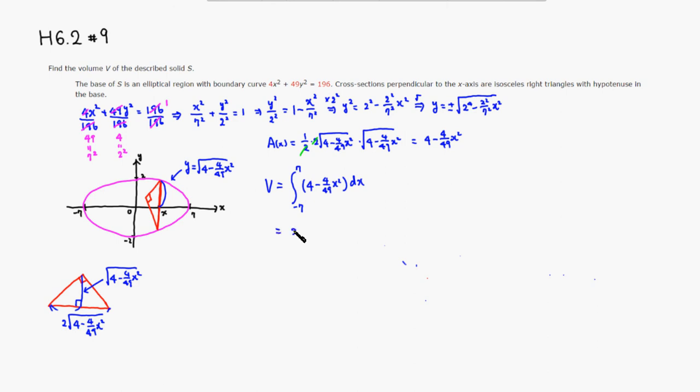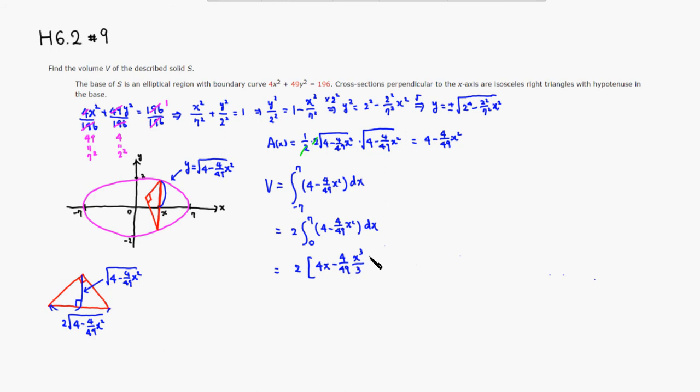So it's going to be 2 times the integral from 0 to 7 of 4 minus 4 over 49 x squared with respect to x. So let's find the antiderivative. The 2 is already there, the antiderivative of 4 is 4x, minus 4 over 49 times x cubed divided by 3.